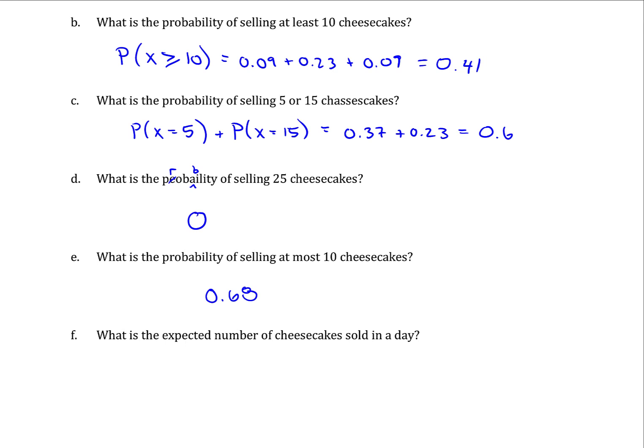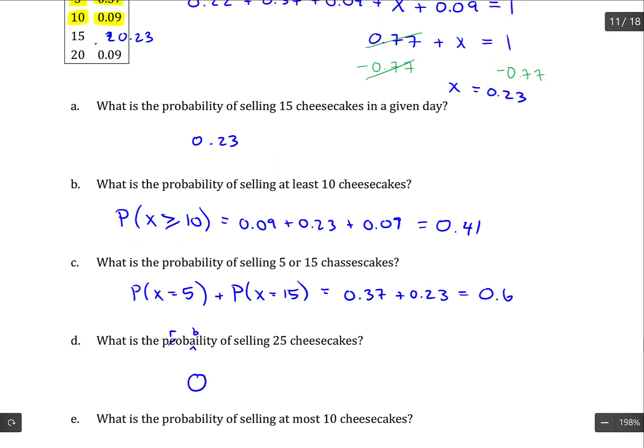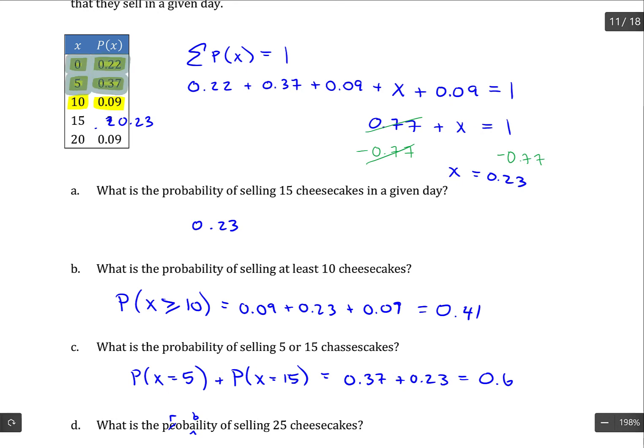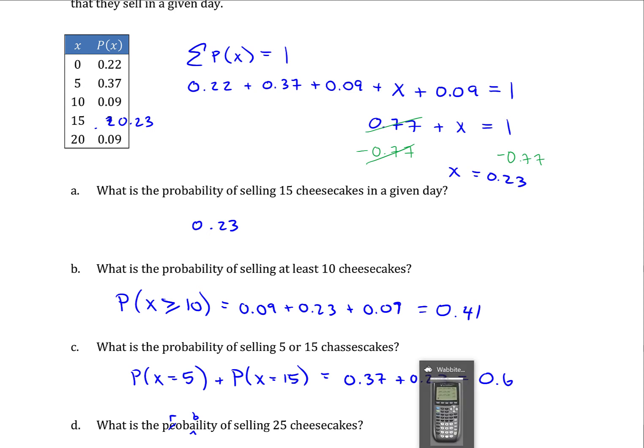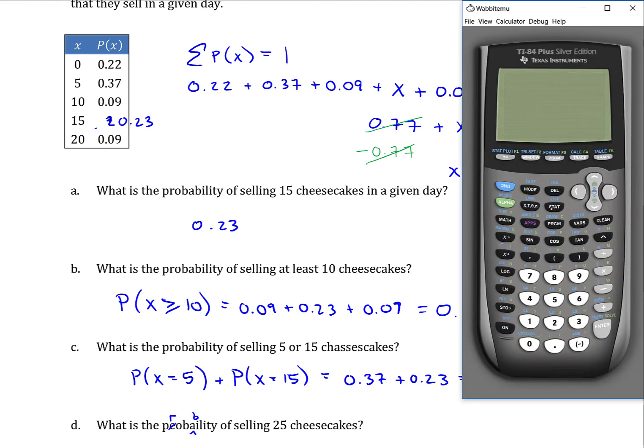What is the expected number of cheesecakes sold in a day? So the expected number of cheesecakes sold in a day is equal to the mean of the distribution. So effectively, what this is asking us to do is to find the mean of this probability distribution. So I would need to put, since this is grouped data, the value of our random variable into L1 and each associated probability in L2.